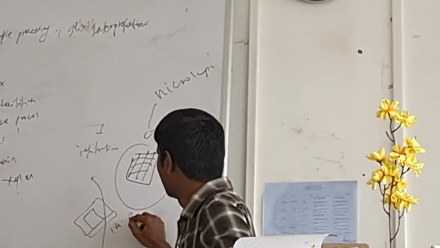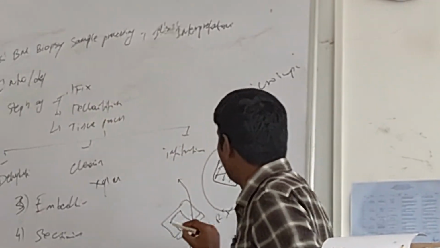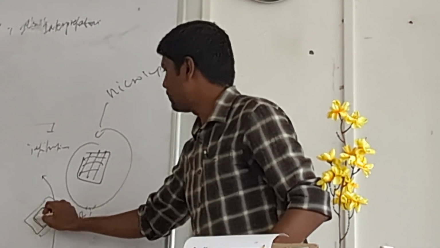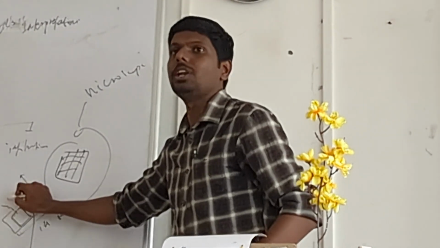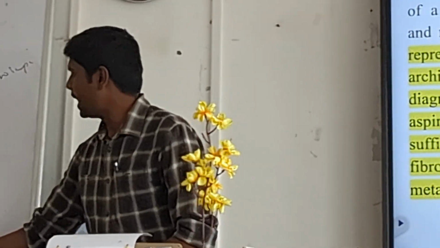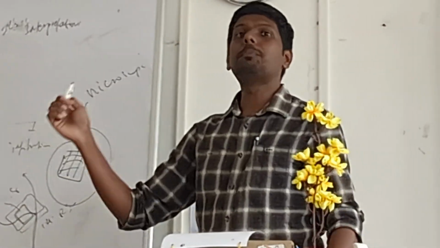Now listen very carefully. If I keep any material, maybe a normal oil, then light first bends here and again bends in the tissue. Then we will get a blurry picture.